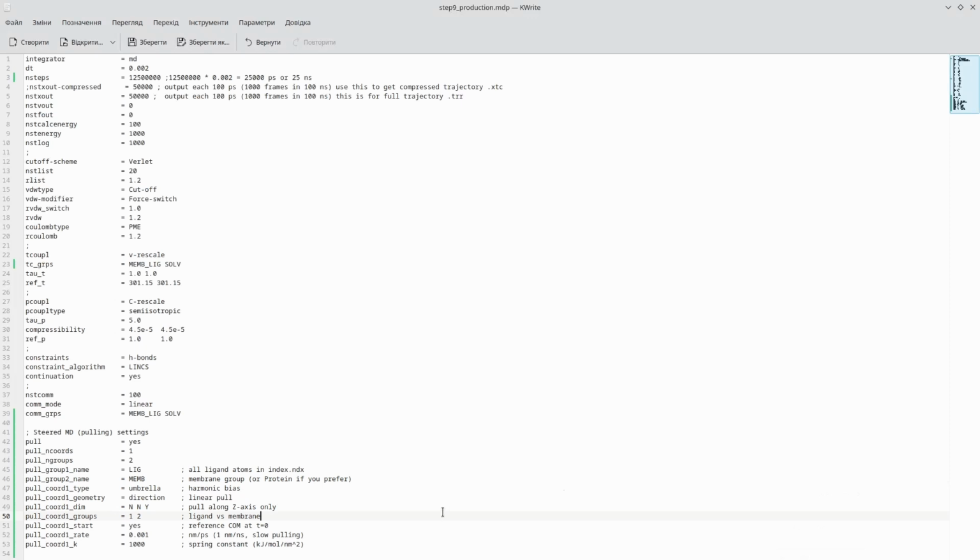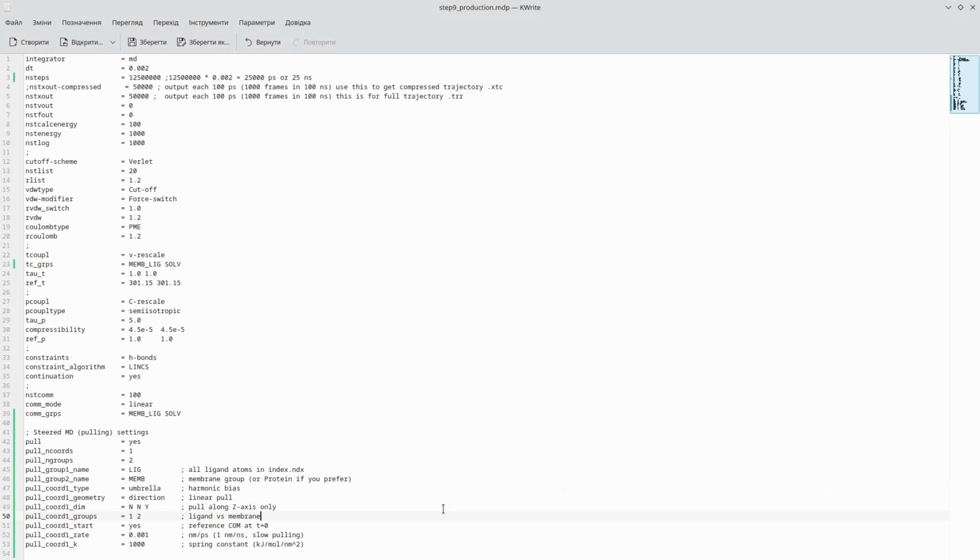Two most important parameters here are pull rate and also spring constant. So pull rate is how fast we pull our molecule towards the membrane. If this pull rate is too high, you will literally cannonball your molecule and you can rip your membrane to shreds, blowing up everything.